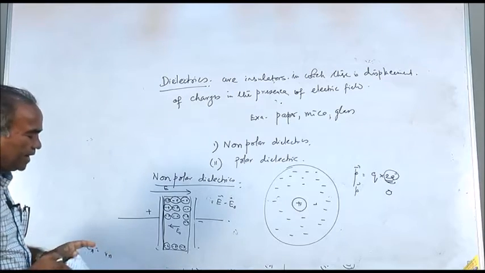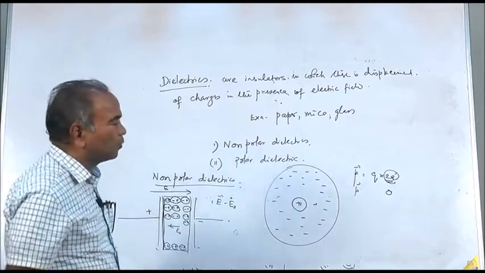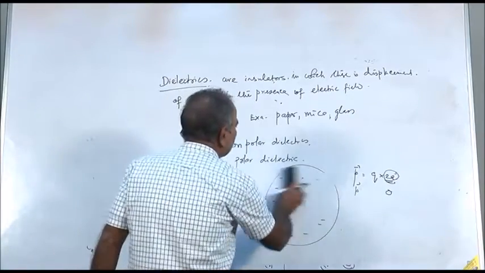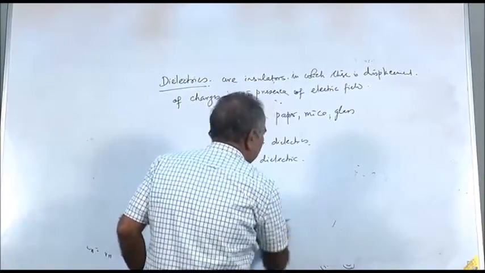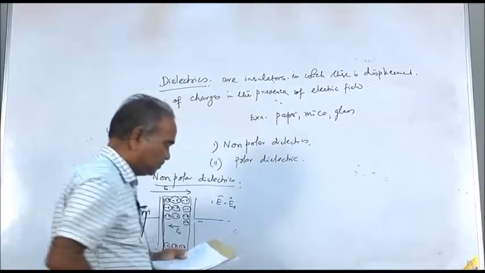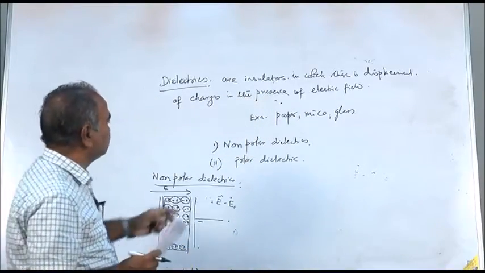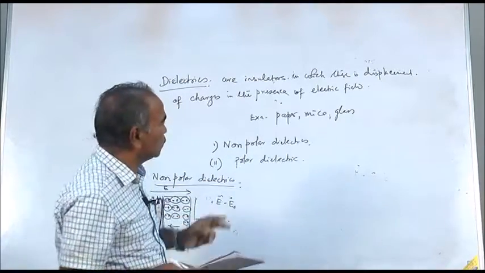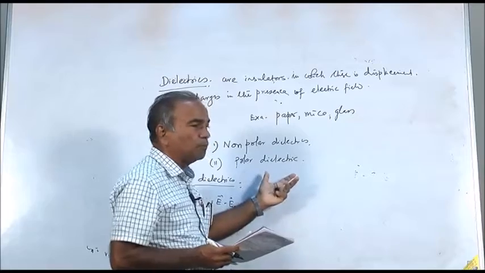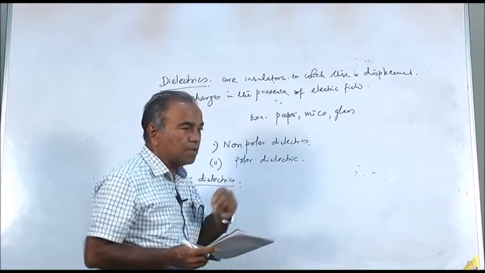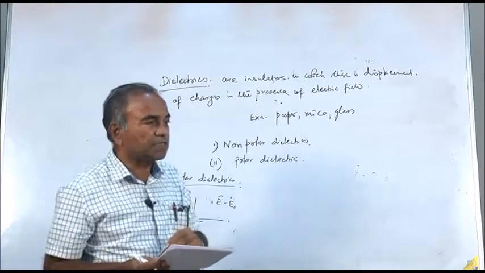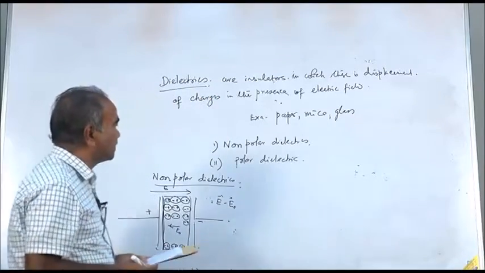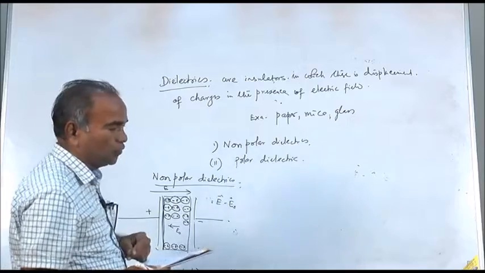But polar dielectrics have a permanent dipole moment in the absence of an electric field. In a polar dielectric, the center of positive charge and negative charge do not coincide, so they have a permanent dipole moment. But those dipoles, in the absence of an electric field, are randomly oriented, so the resultant field acting on the dipole is 0.